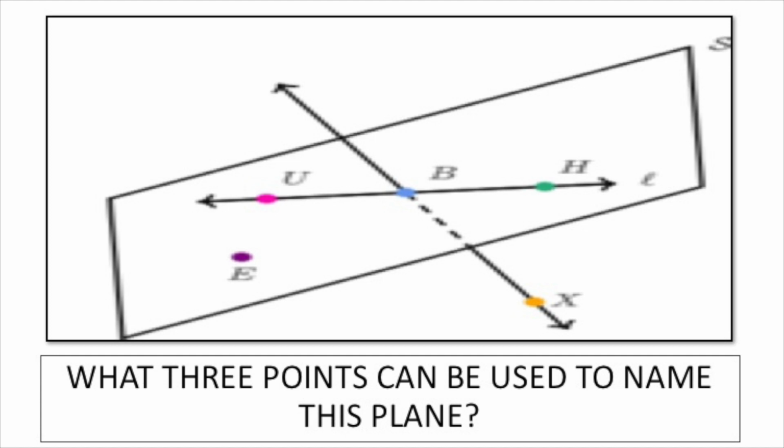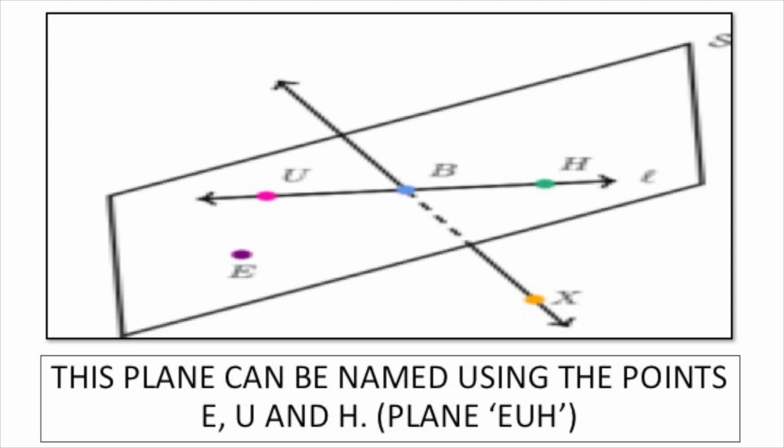Brilliant. You see, we can use U, but then we go down to E and then back up to H. We can use these 3 points because they're not in a straight line. This plane can be named using the points E, U, and H. Plane E, U, H. You see?